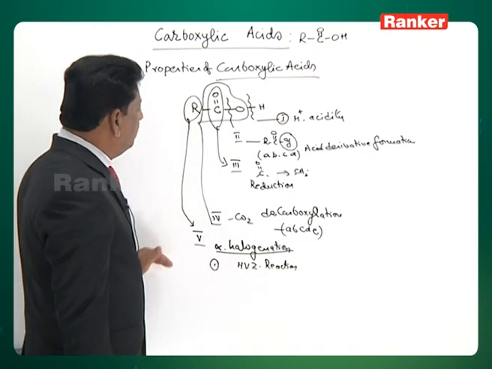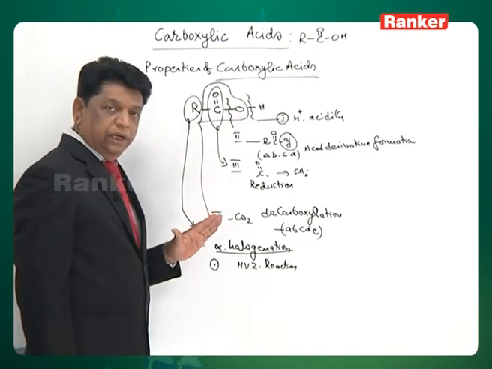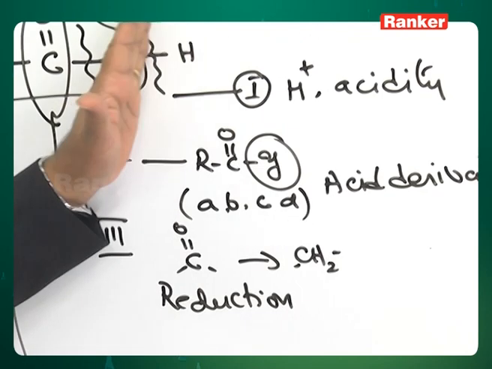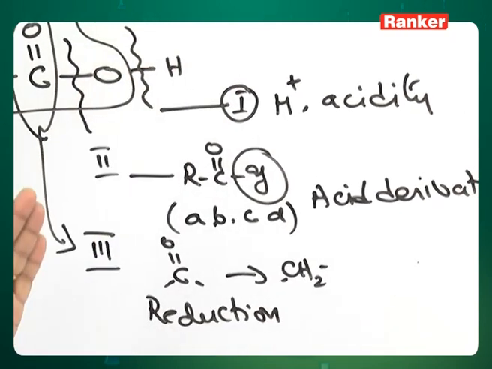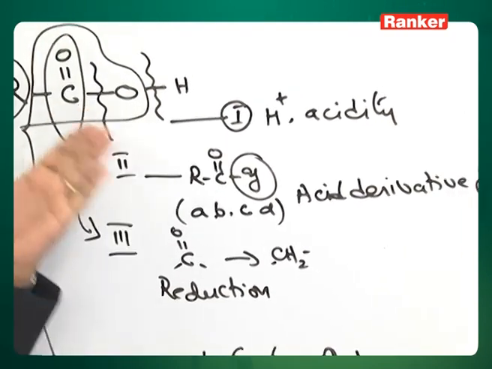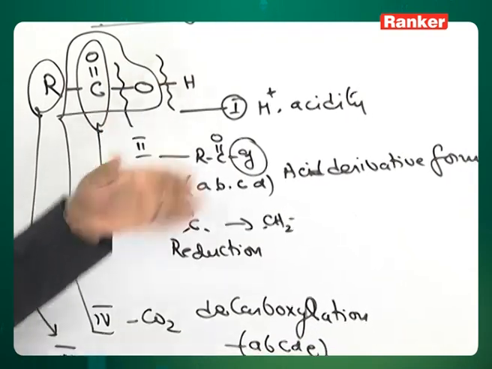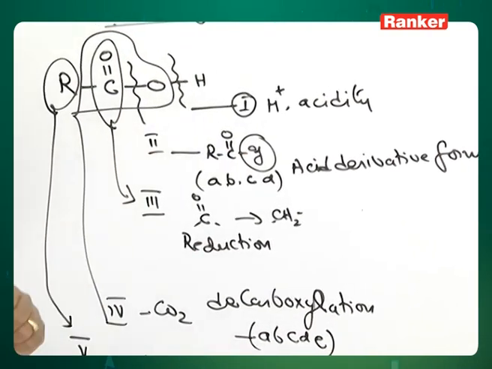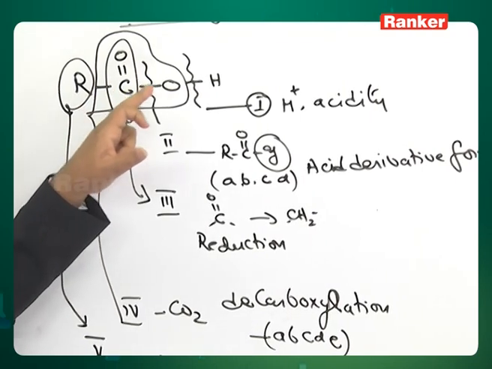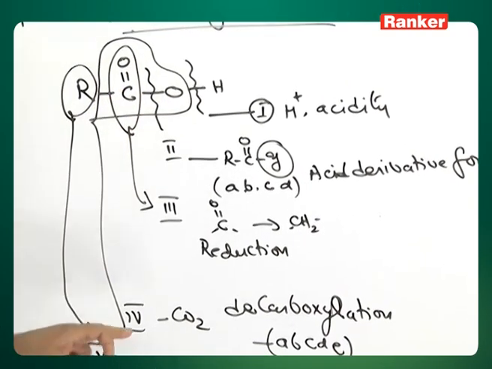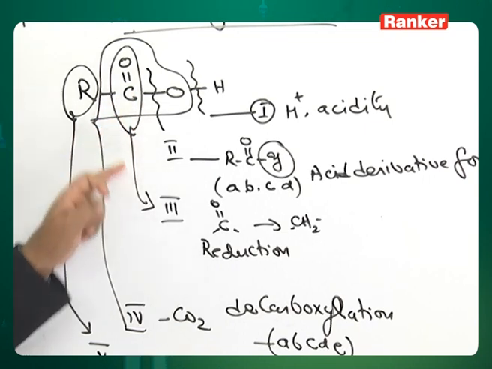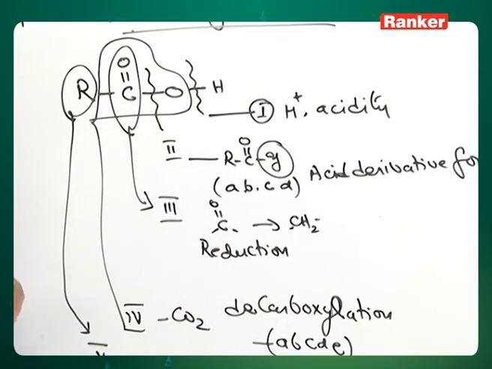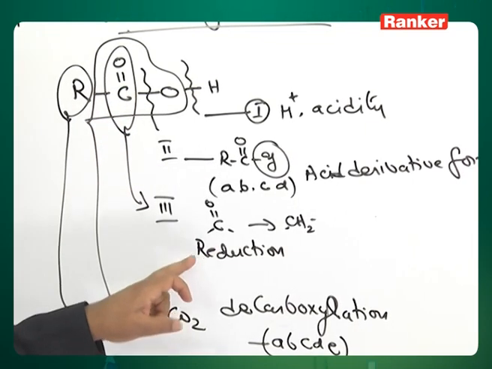So, let me reveal once again: removal of the hydrogen as H plus, that is proton giving, so acidic property. OH goes and a new group comes, that is called acid derivative formation. Only the CO undergoes reduction, and there is also a specific reduction with lithium aluminum hydride.